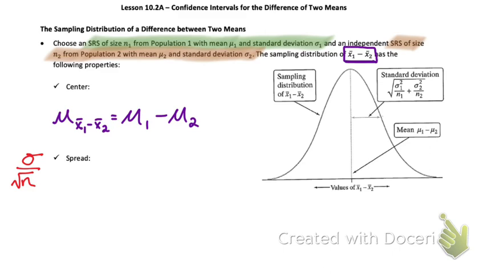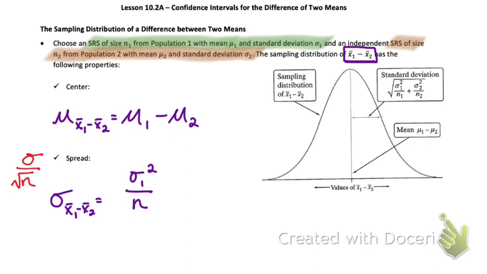So, here is the standard deviation of x bar 1 minus x bar 2. We're going to take the standard deviation of the first population squared over n1. I want you to know that this formula, sigma over the square root of n, squared, gives sigma squared, and the square root of n squared is just n, okay?